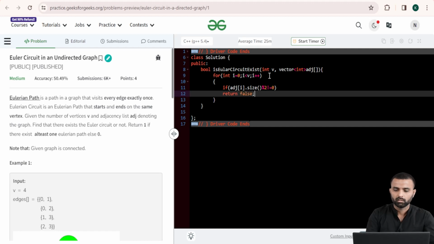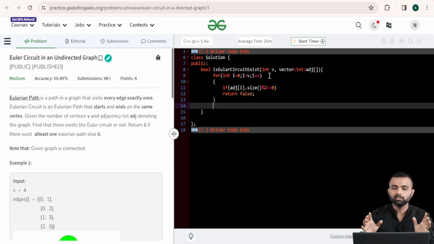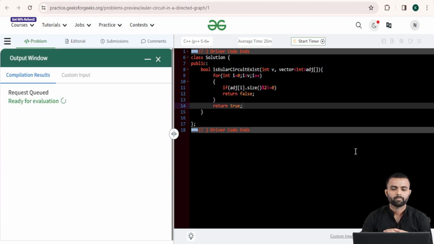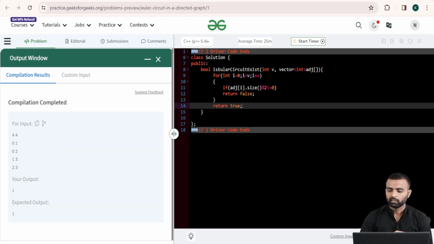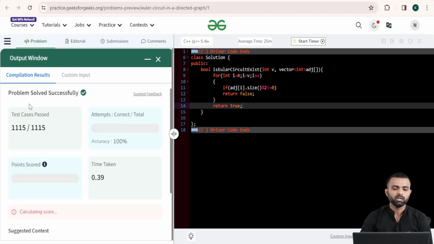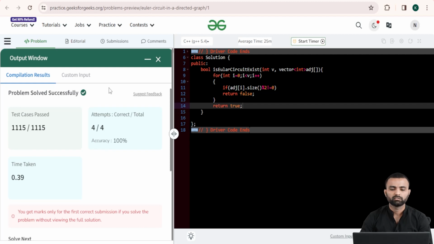But if all the vertices pass without any odd degree, we return true. Let's compile it. The compilation is good. Let's submit. As you see, all the test cases are passed.